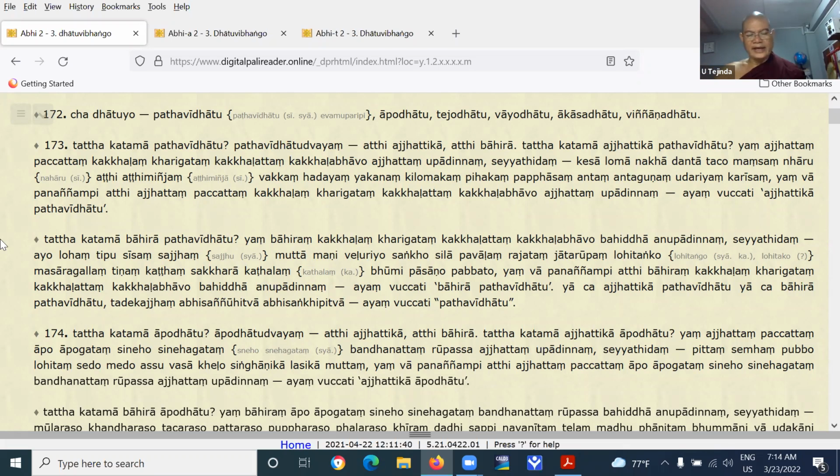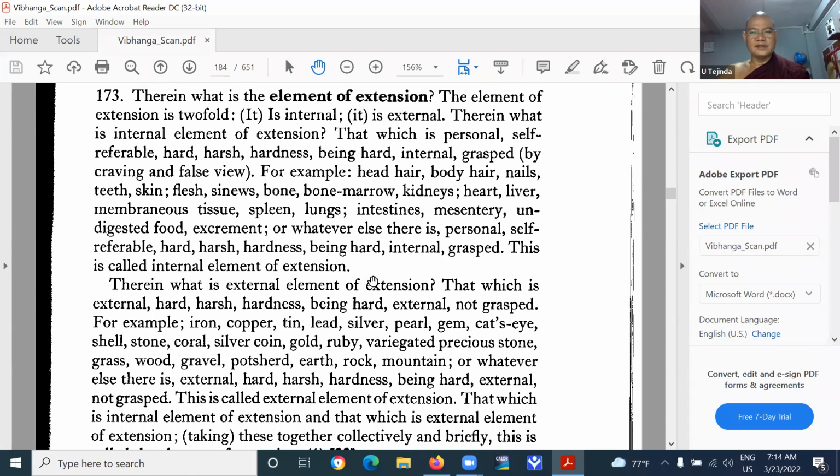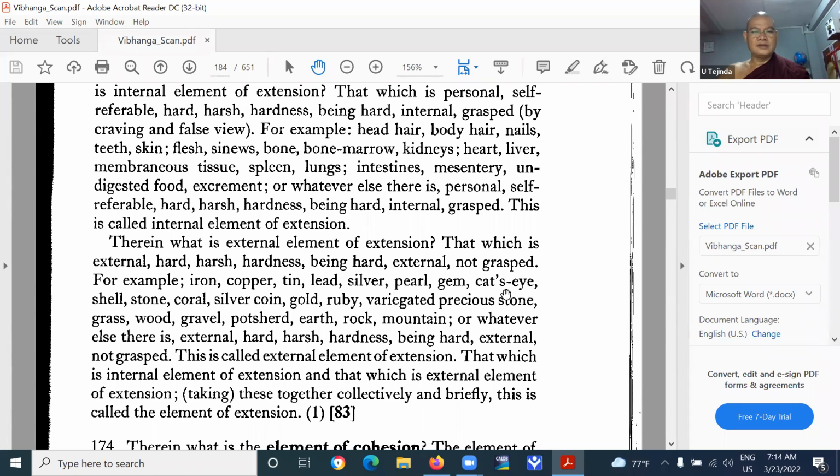What are they here? Any hard things outside our body, or any hard materialities here: ayo, iron. What is ayo here? The iron. Loha, the copper.